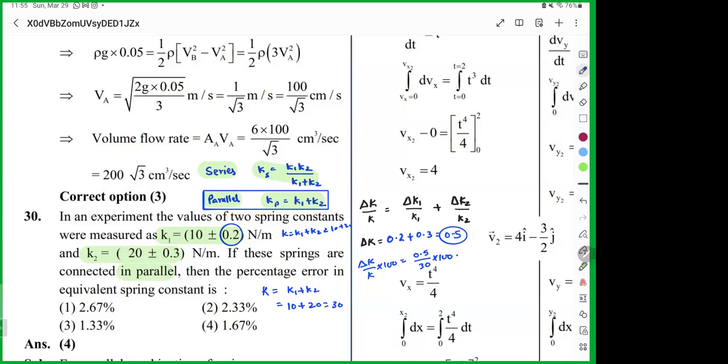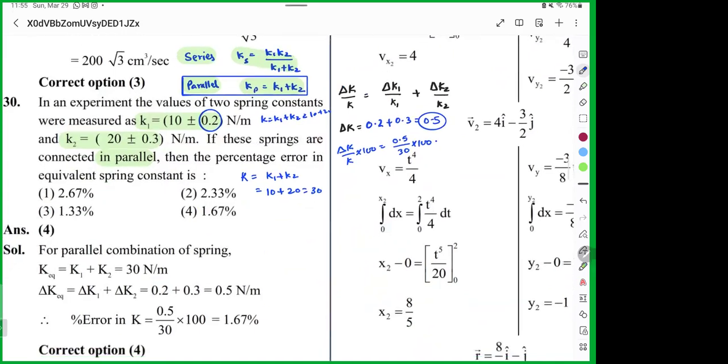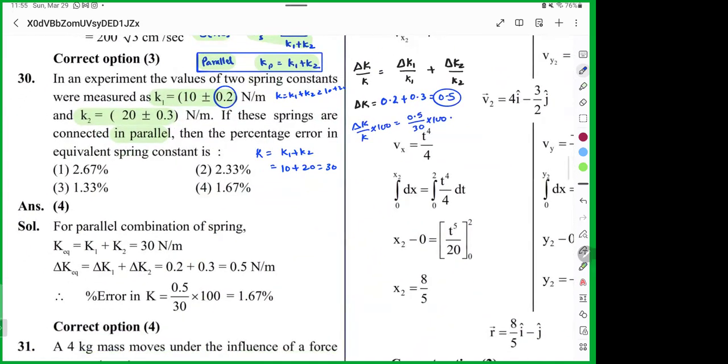Any doubt, guys? No doubt, sir. So if you don't have any doubt, the same thing is given here. So the K value you can calculate by simple addition.